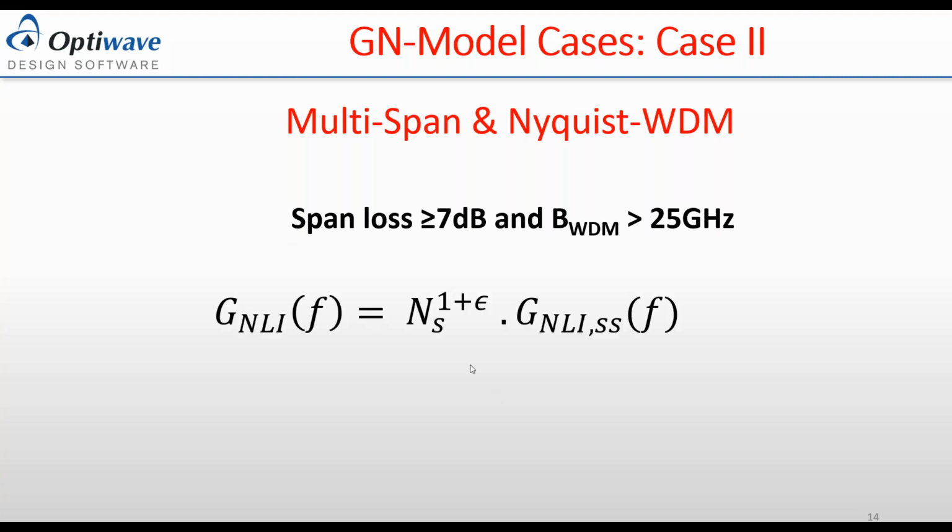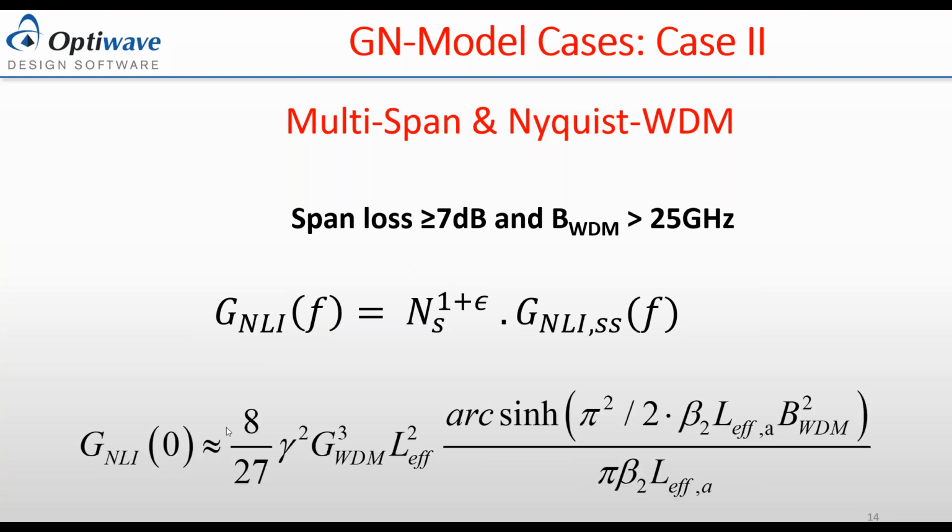In this scenario, the overall power spectral density of the nonlinear interference noise in the system is N number of spans to the power of 1 plus epsilon, and epsilon we calculated using the equation we saw earlier. In that scenario, the first nonlinear interference at f equal to 0 would be given through this equation.